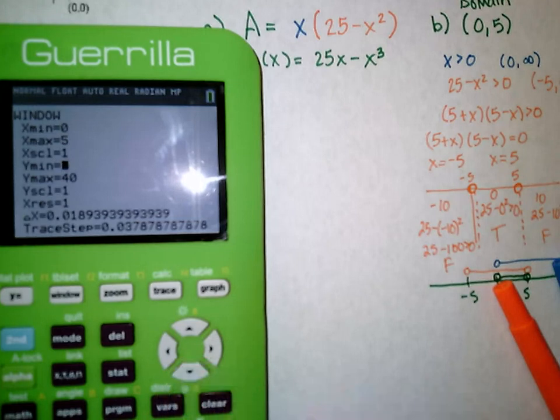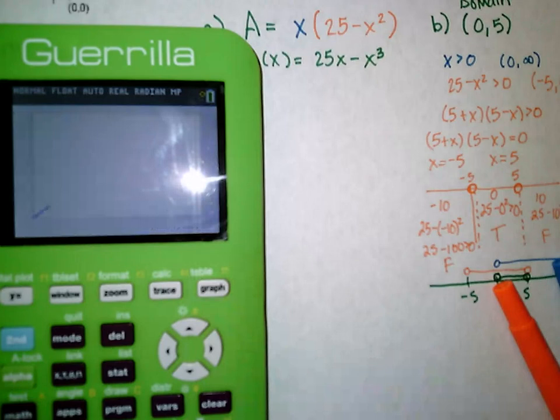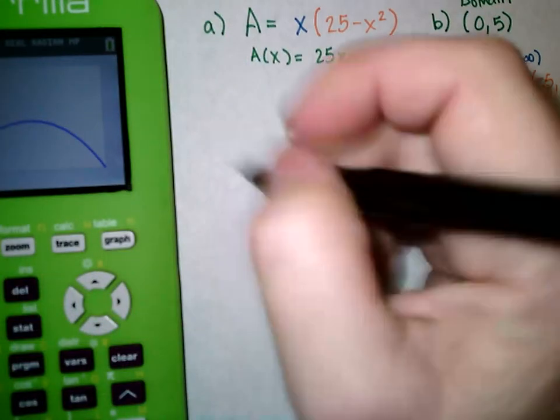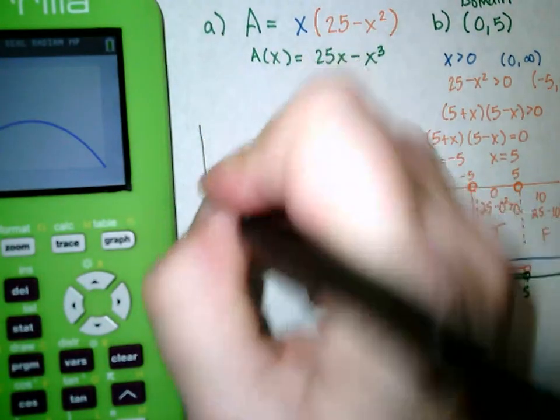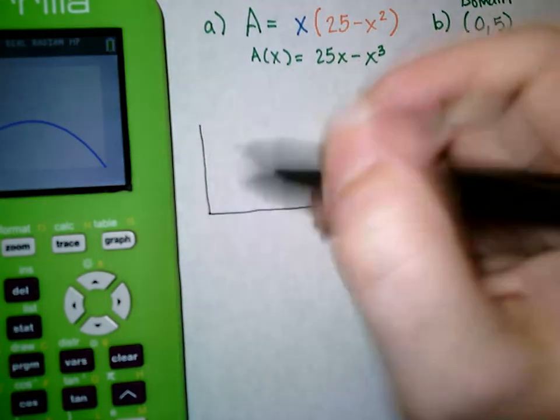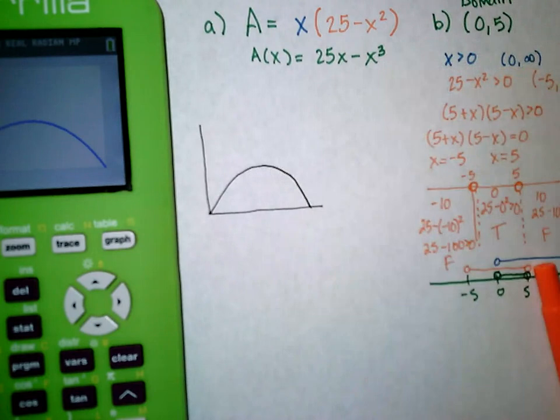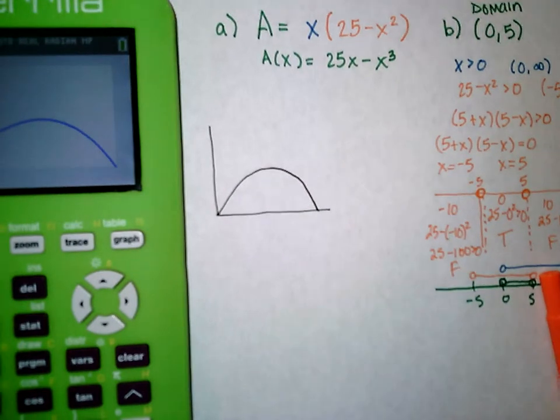Maybe I'll make my y max, I'm just going to make it 100 just to look at it. Okay. So here's what my area curve looks like. So I'm just graphing over in this positive quadrant. That's not the greatest graph, but you get the picture.